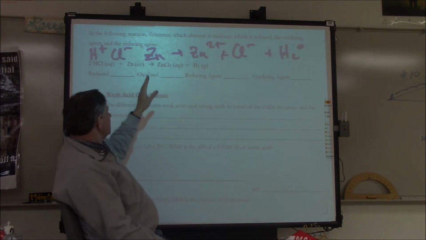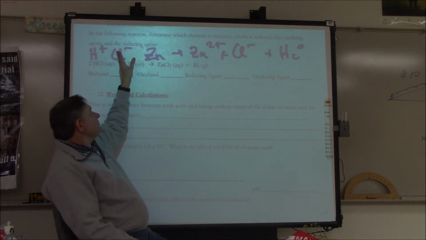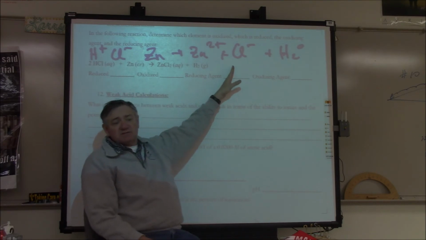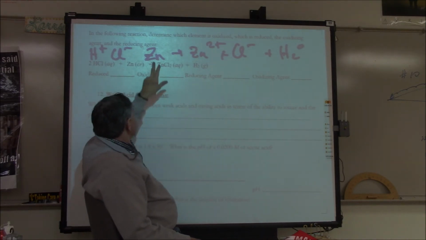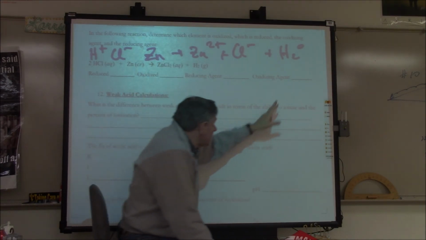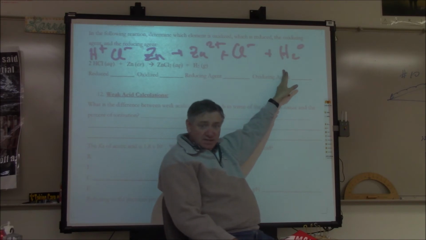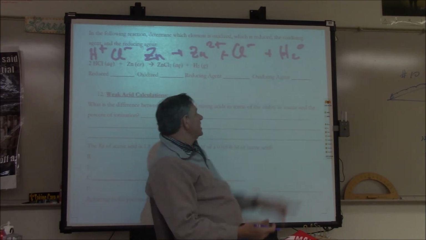So if you look at what happens, nothing changed with the chlorine. Chlorine was 1- over here, chlorine is still 1- over there. Nothing changed. Zinc, because it's the elemental form, has an oxidation state of 0. Hydrogen over here has an oxidation state of 0 because it's elemental hydrogen. It's little bubbles of hydrogen gas.